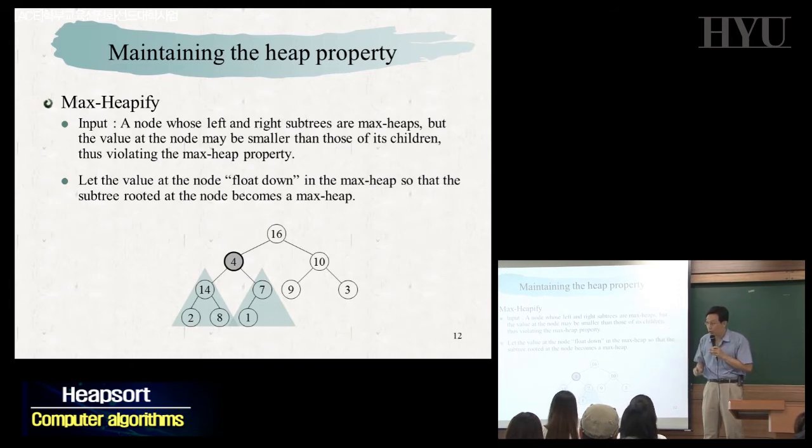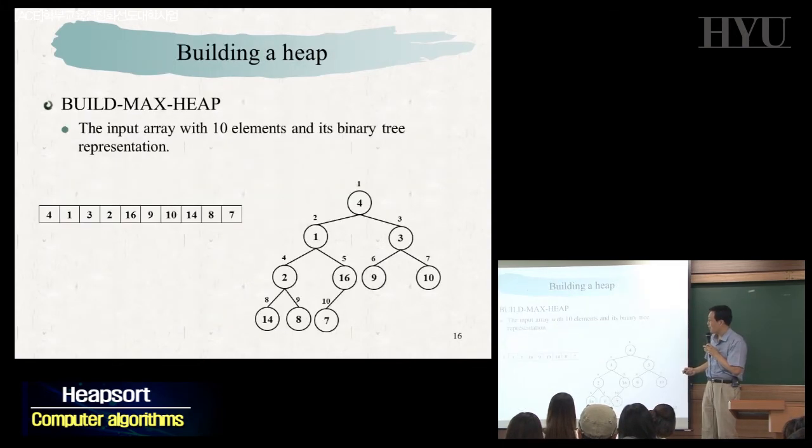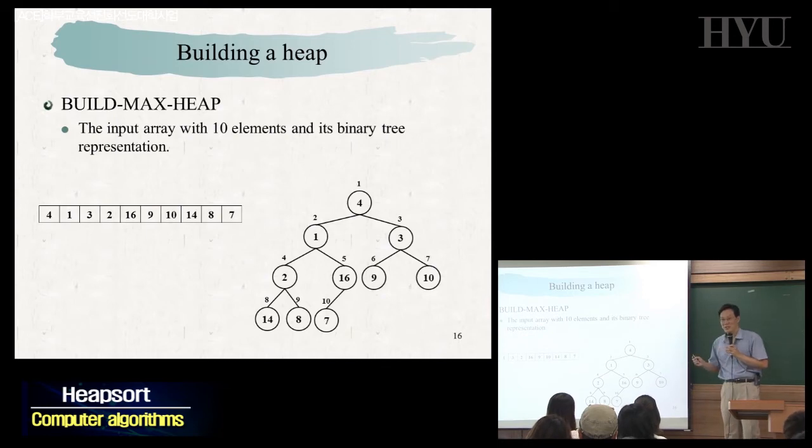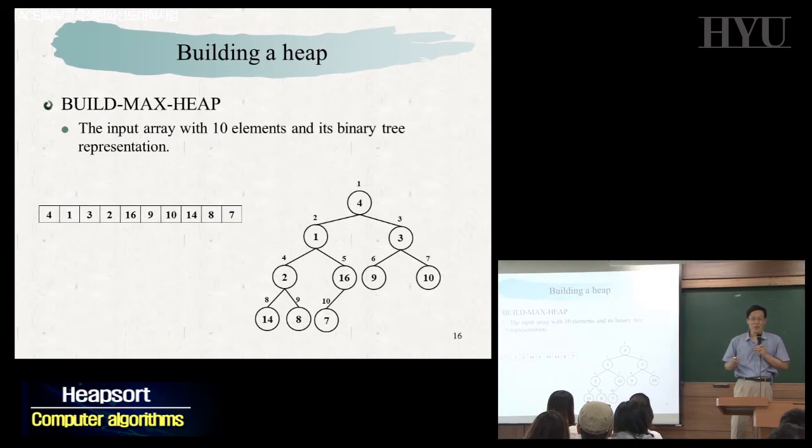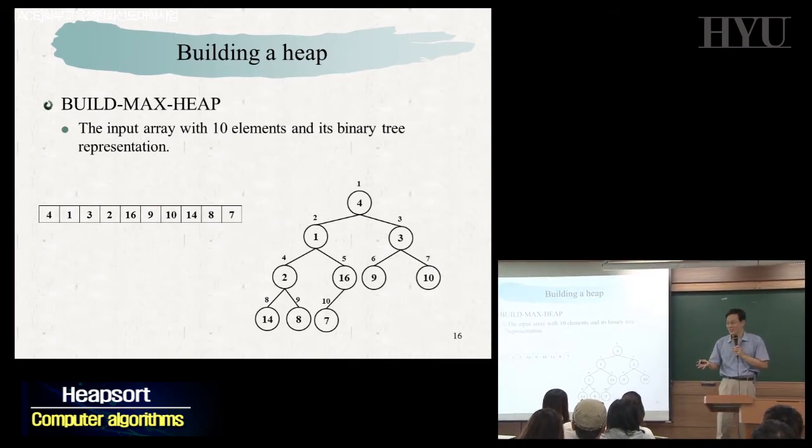Then the precondition is satisfied, okay? But if we apply max Heapify from the top, you cannot be sure that these two subtrees are already max heaps. In most cases, they aren't. Look at this. This is not a max heap. And this is not a max heap either. So you can't do that.